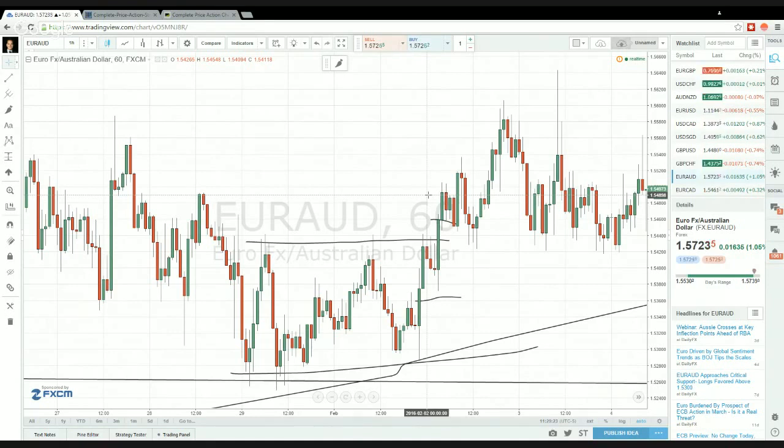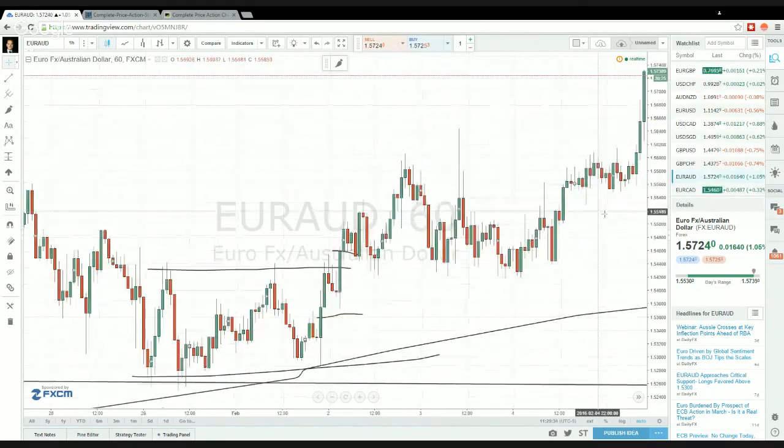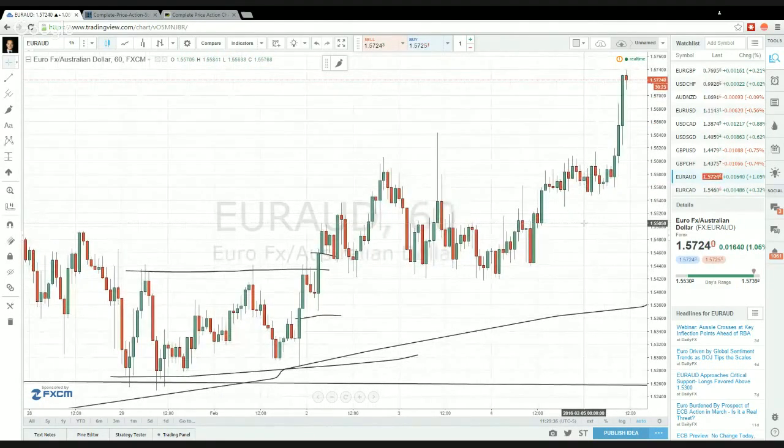This one didn't get hit, but the first one was hit. So even though the trade went in the opposite direction, I still made money on half of my position, which is really, really cool. It shows you that you don't necessarily have to be right to make money in Forex. You can just put your take profit accordingly, and you'll still make money even though things don't go as planned.